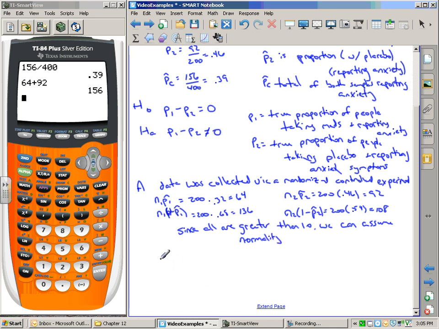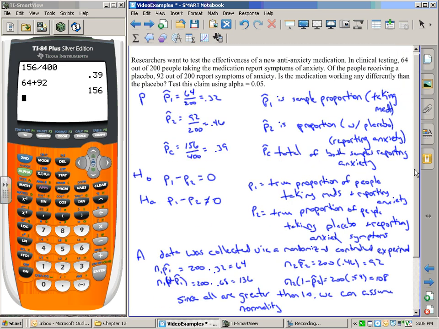And then finally, since they're independent, we would need to talk about the 10% rule, which would basically say we check the 10% condition. So we must assume, let me phrase this, going up to the top, 200 people.